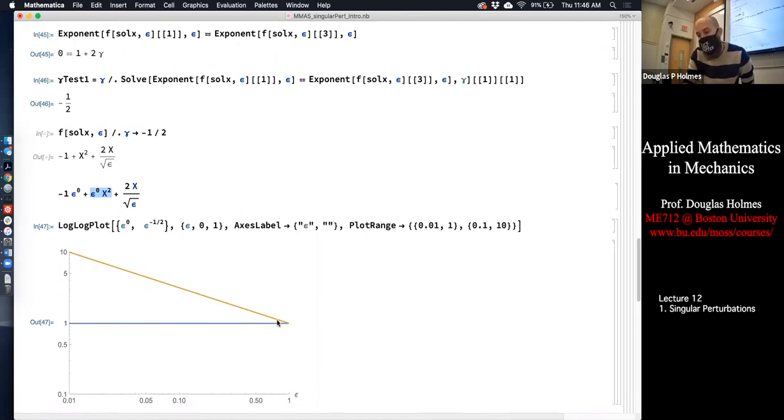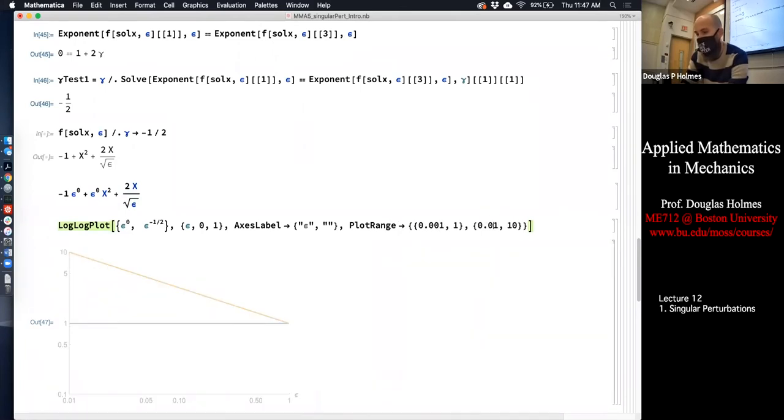As I take epsilon to 0, clearly these two terms aren't affected. They're both of order 1. And this last term, which is of order epsilon to the minus 1/2, really starts to increase in magnitude the smaller our epsilon gets. So we can make this more clear.